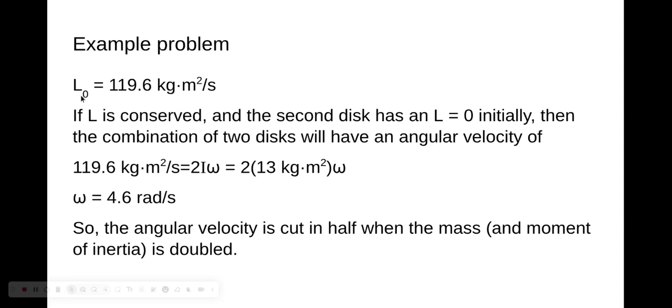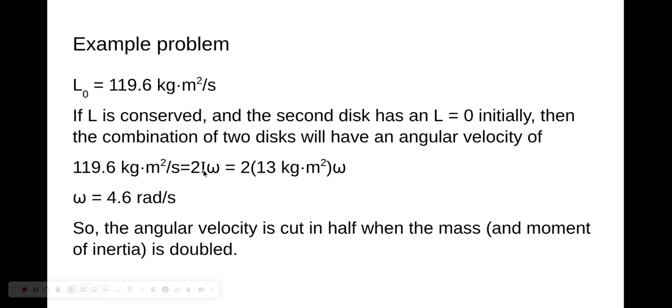So our original angular momentum is around 120, and assuming it is conserved, and assuming that the second disk has no angular momentum, then the combination of the two disks is going to still keep 120, the original angular momentum of the first disk.